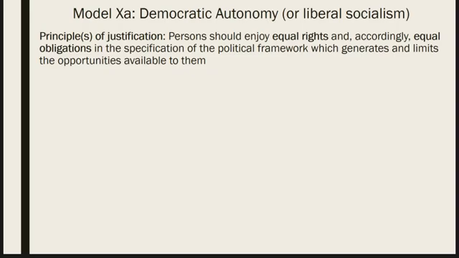Now, the aim of democratic autonomy is to make real the ideal of the active citizen and to create greater fluidity and accountability of political power.